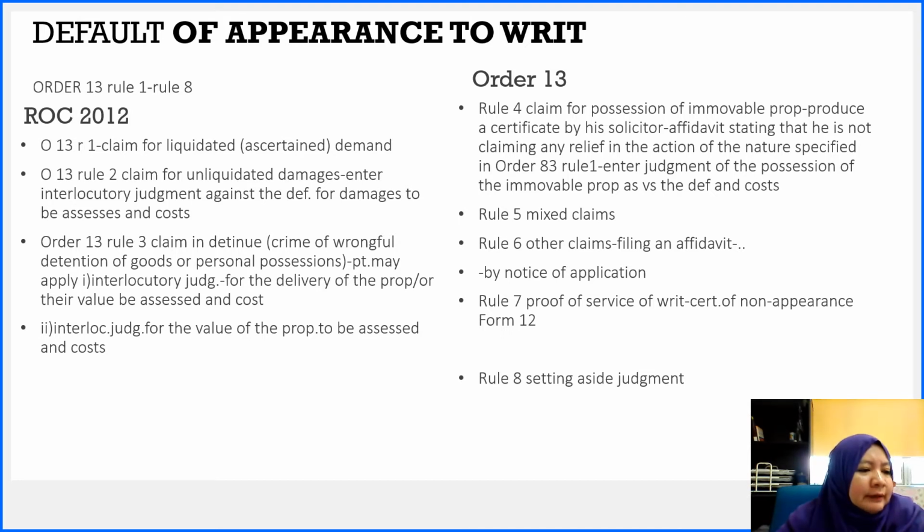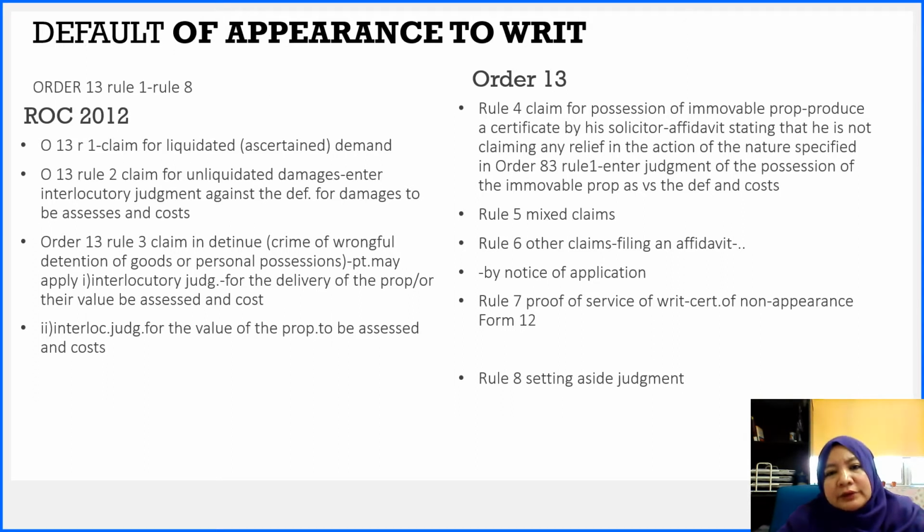Order 13 Rule 5 is for a mix of claims. Two or more claims mentioned in the foregoing rules and no other claims, and the defendant fails to enter an appearance. The plaintiff, after the time limited for appearing, may enter against the defendant such judgment as he would be entitled to if that were the only claim endorsed on the writ, and proceed with the action against other defendants.